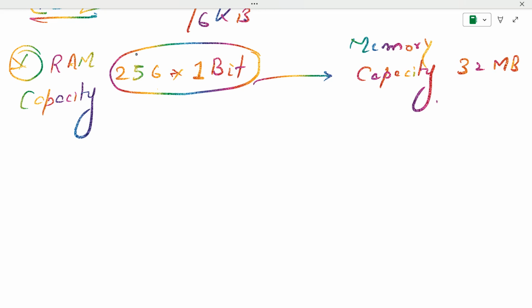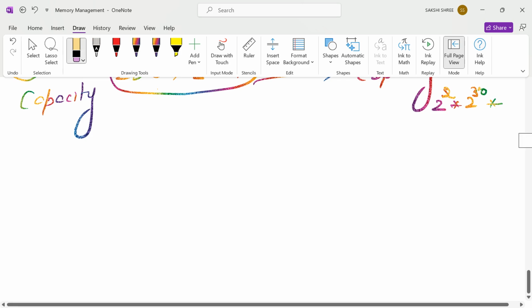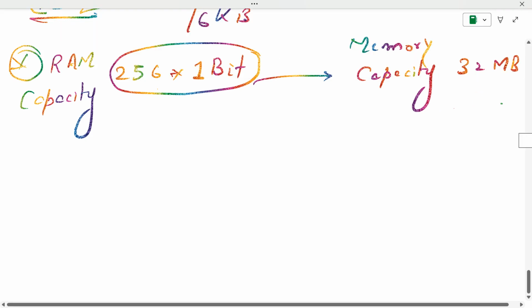We can divide it as 2 raised to the power 5 into 2 raised to the power 20. Sorry, my bad. It will not be this.